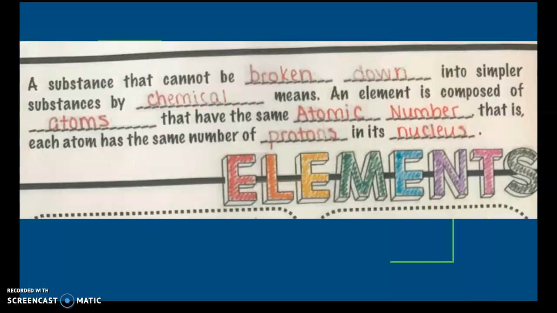If I have one atom with 5 protons and one atom with 6 protons, I know that they're two different elements because one has 5 and one has 6. I could have an atom with 5 electrons and another one with 5 electrons, but they might not be the same atom. It's those protons that matter. Remember here, the elements are pure substances. That means when I'm talking about an element, like I said at the beginning, it's only one element.